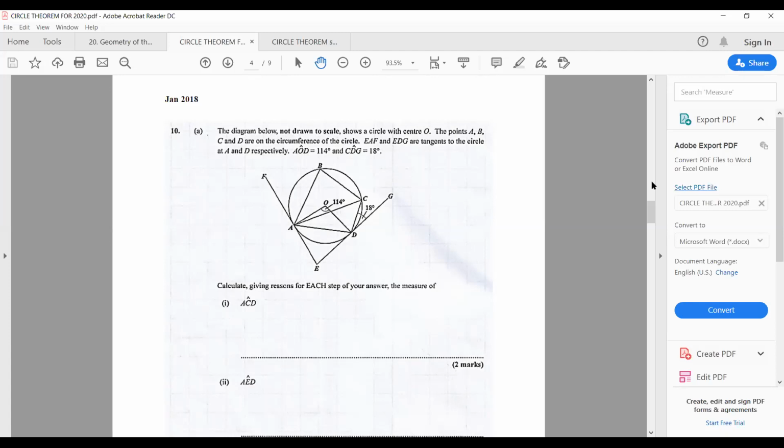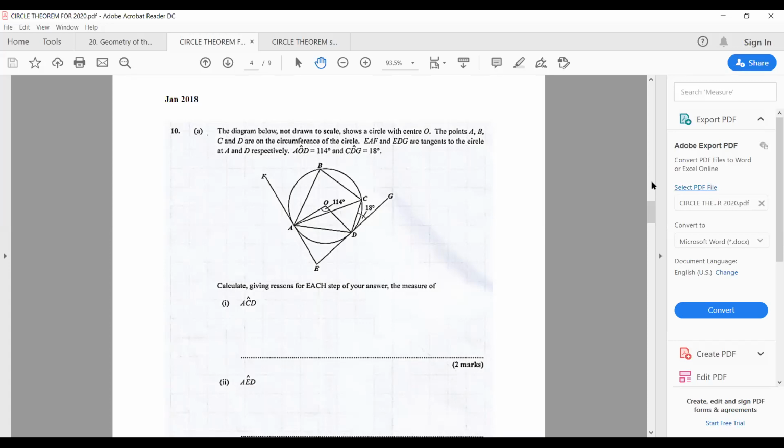So for the first part is 72, probably. And for the second part is 123, probably.